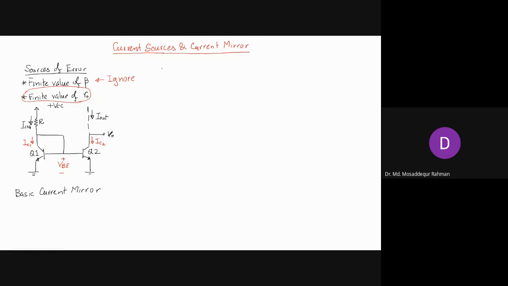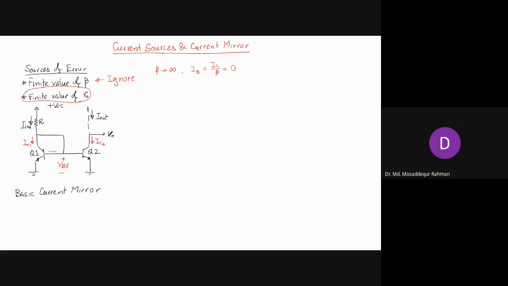Ignoring the effect of beta means assuming beta to be infinite, not finite. If you assume beta infinite, that means your IB, which is IC by beta, will be 0, so there will be no base current flowing.